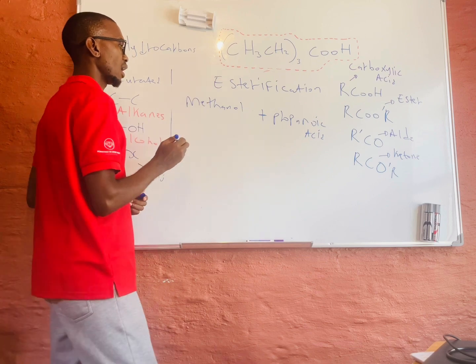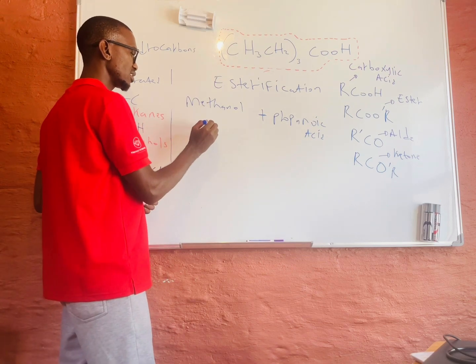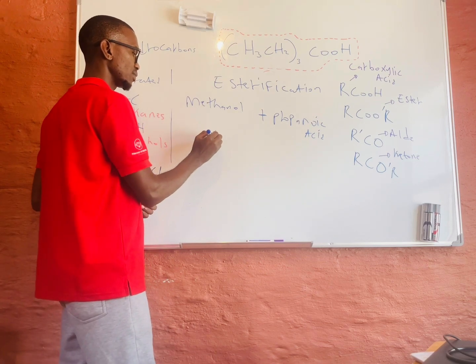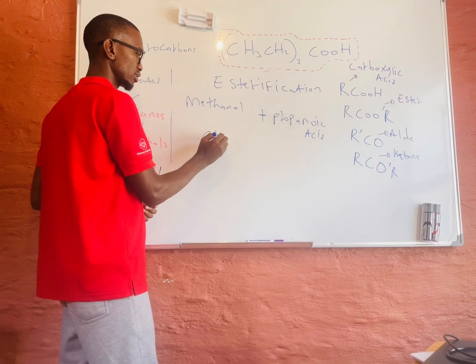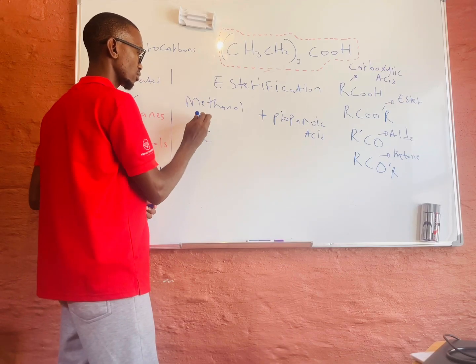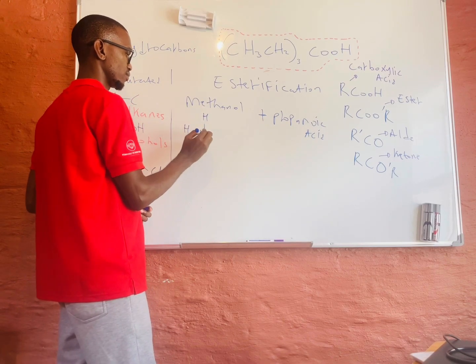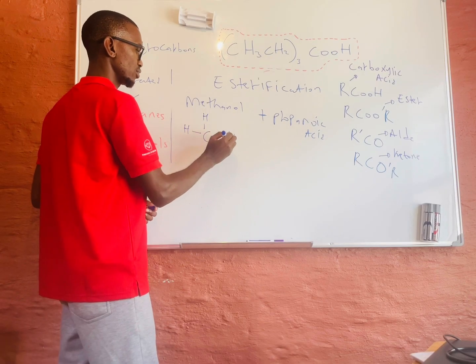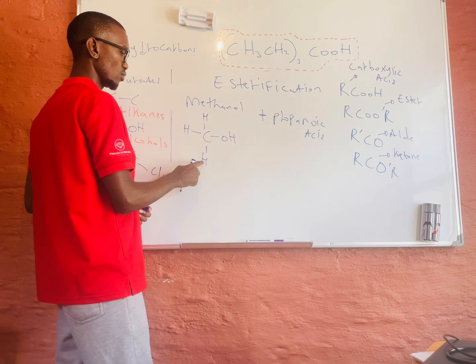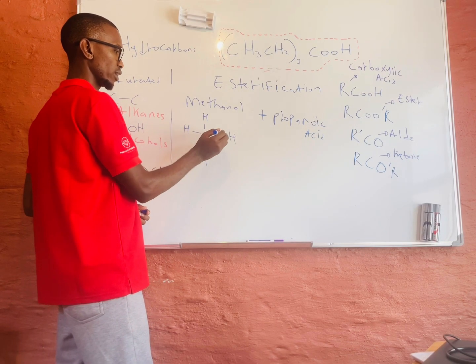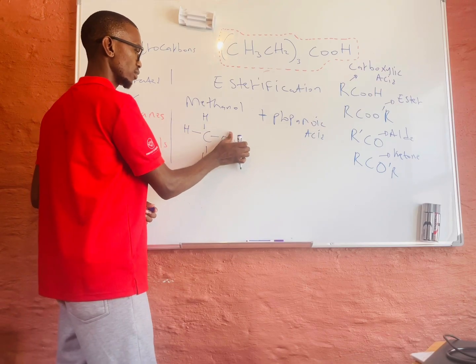Check it out. Methanol is going to be C. Meth means 1, so it's going to be CH3. Let's draw it nicely. It's like this: OH. You can see 1, 2, 3, 4, right?